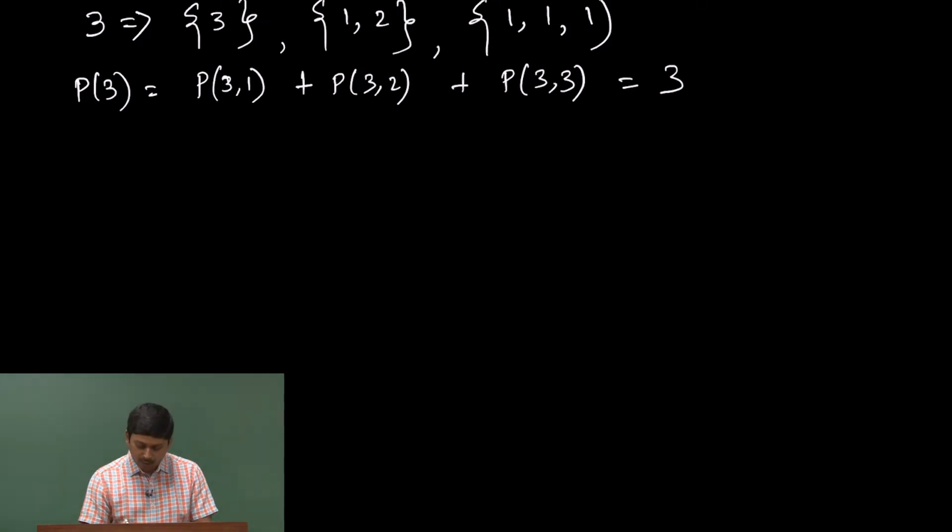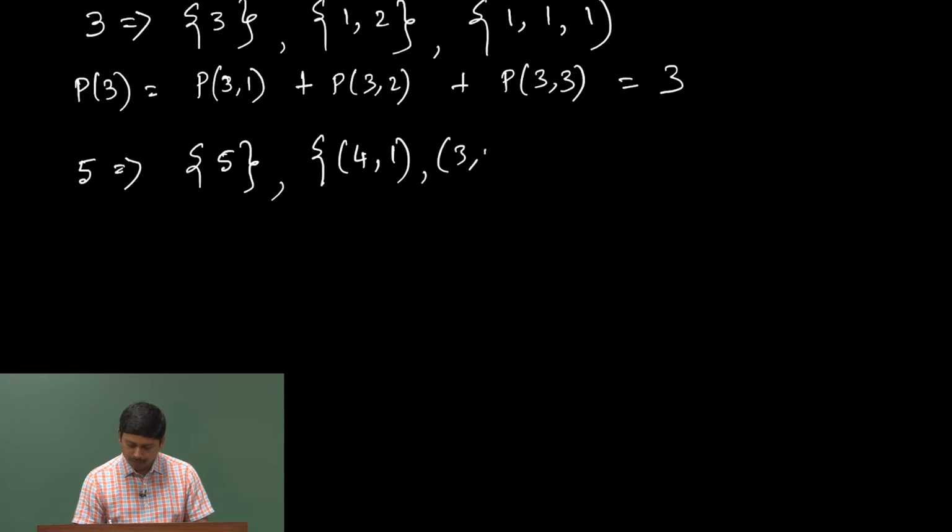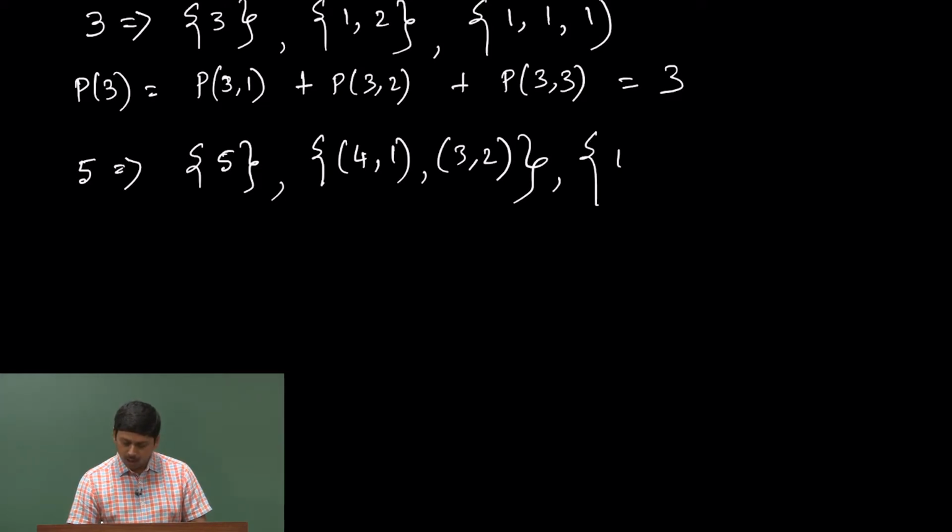Now let us do the same for 5. 5 can be divided into one group in just one way, 5. 5 can be divided into two groups as 4 1 or 3 2. 1 4 is the same, 2 3 is the same, and is there any other way? No. So, 5 can be divided into two groups in only these two possible ways. 5 can be divided into three groups as 1 1 3, one way, and 1 2 2, another way.